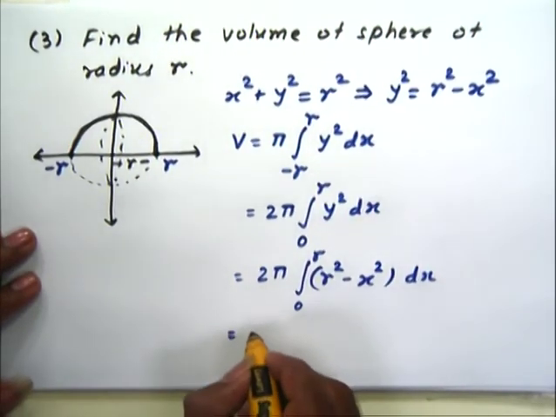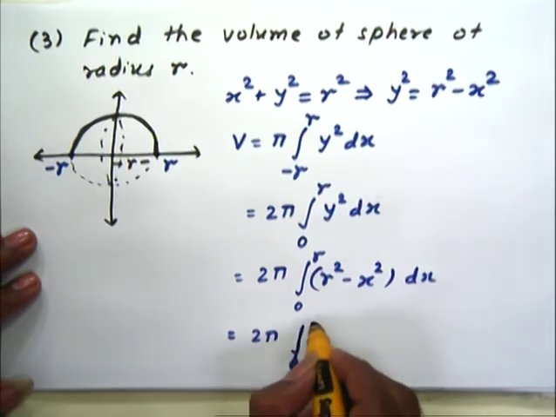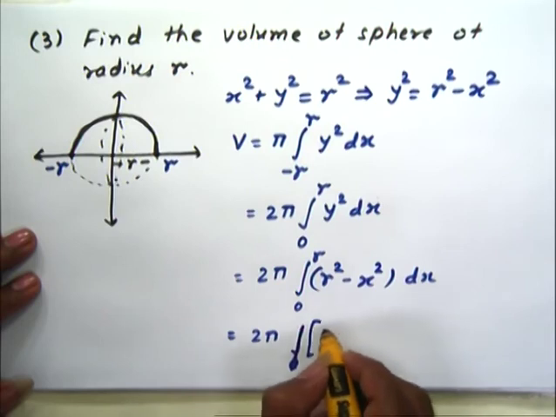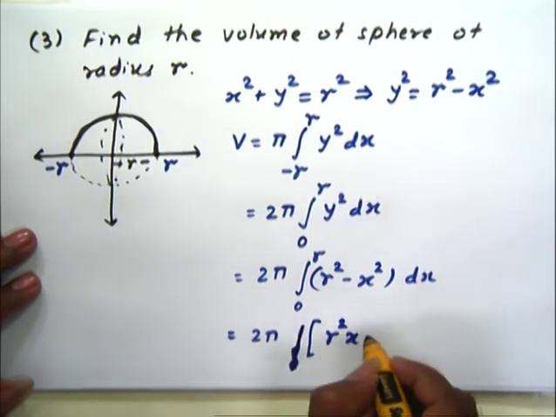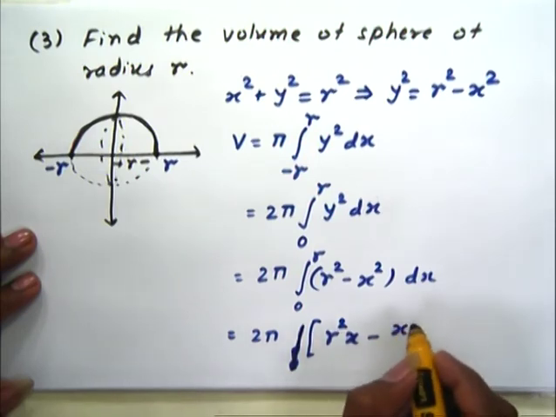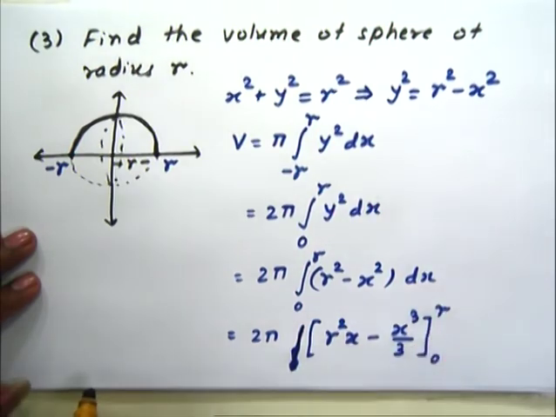Let's do the integration. 2 pi, what is the integration of r square? R square is r square into x, minus integration of x square is x cube by 3, from 0 to r.